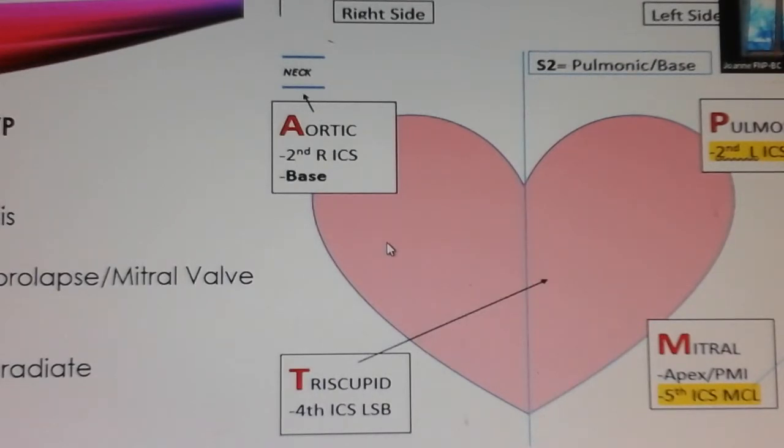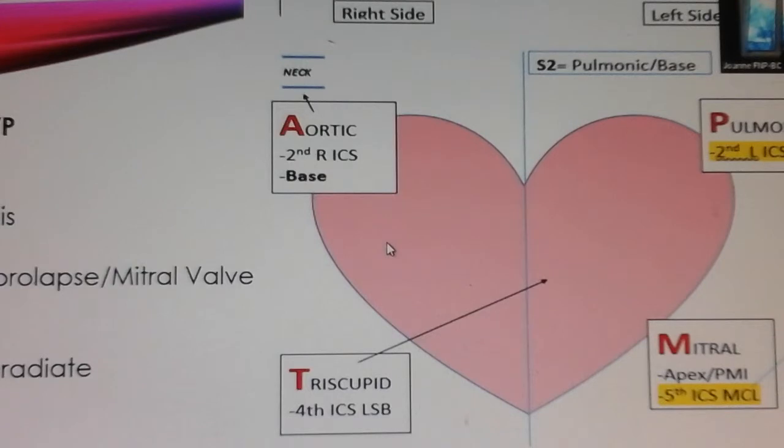All right. Where is S2 heard best? If you look at my little picture right here, you can see S2 is heard in the pulmonic area, or the second ICS left sternal border. So when people tell you that you have to know your content, you have to know your content. If you have no idea where S2 is found, even though it might be a short question, you're not going to get it correct.